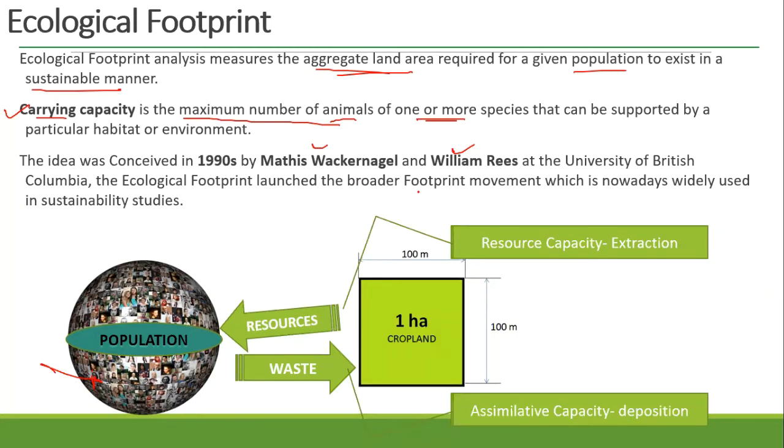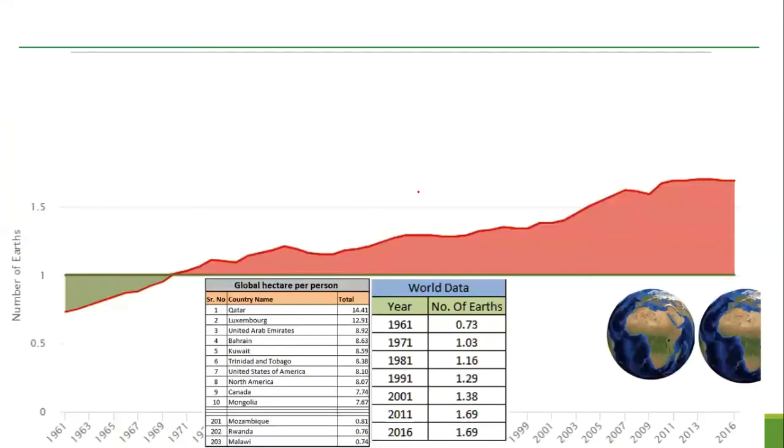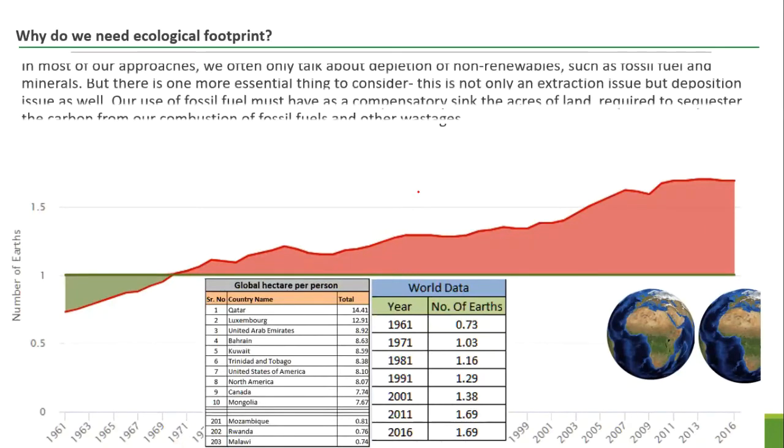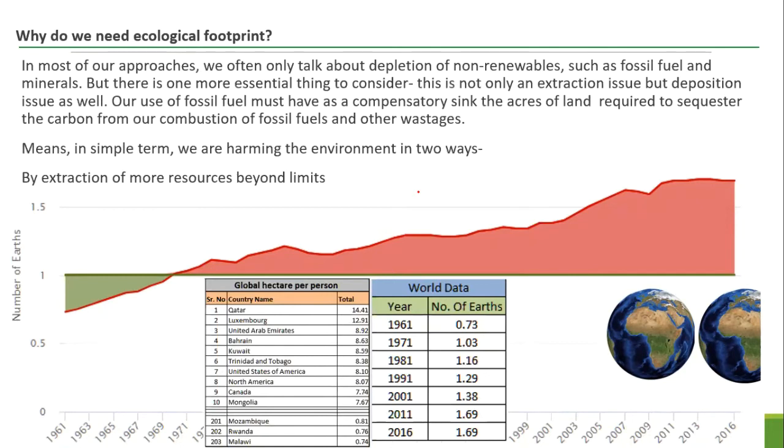So the important point to understand is that whenever we are consuming more resources, that is the issue of overshoot, we can say. We are consuming more than the capacity. So this is very interesting: why do we need the ecological footprint, right? You must ask. We are harming our environment in two ways.